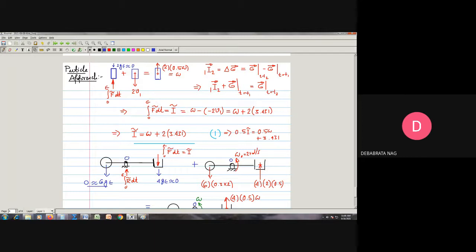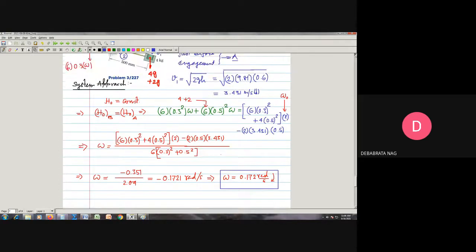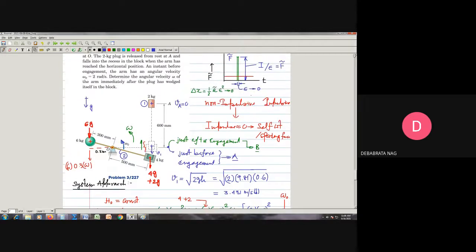So students, I therefore expect that after going through these two examples, which I have solved in detail, focusing on the different aspects of the solutions, you should be able to solve similar types of problems from the book.